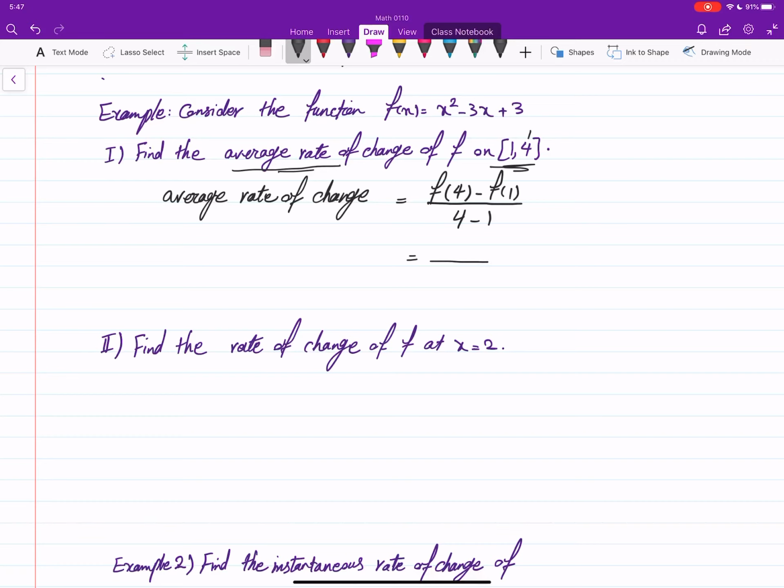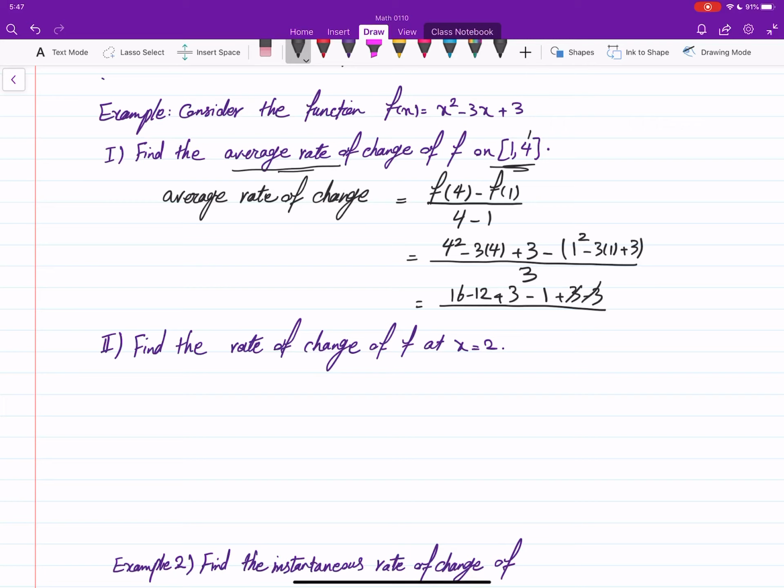Here it means that we have to evaluate the function: 4 squared minus 3 times 4 plus 3, minus 1 squared minus 3 times 1 plus 3, over 4 minus 1, which is 3. 4 squared is 16, minus 12, plus 3, minus 1 plus 3 minus 3.